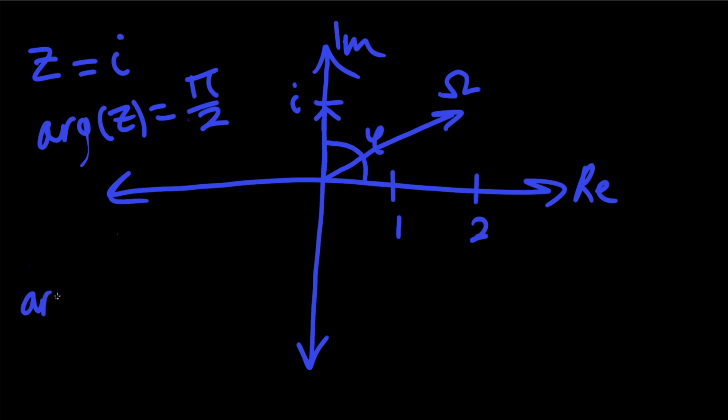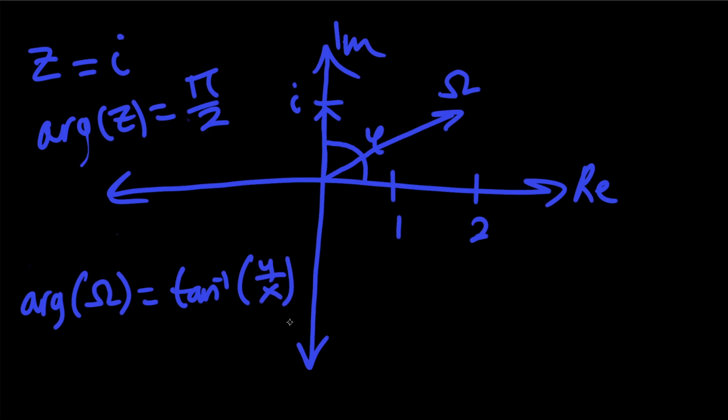If we want to find the argument of omega, then that's going to be equal to the inverse tangent of y over x, where y is the imaginary part of omega and x is the real part of omega. And that's just basic trigonometry, right? We're using the inverse tangent to find this angle of this right triangle. So that's how we find the argument of a complex number if it's in quadrant 1.